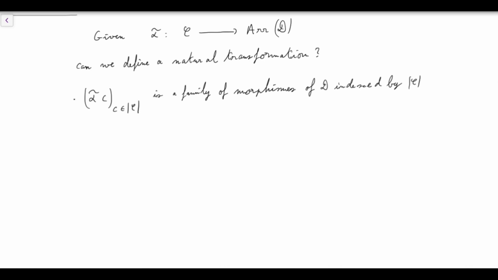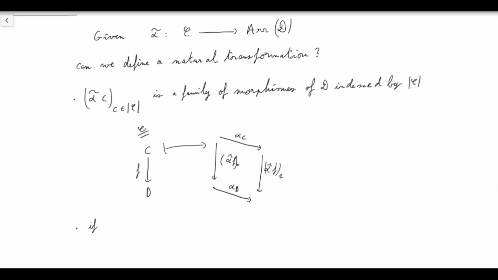And we have to verify now the naturality condition, which says for any morphism F in C, the corresponding square has to be commutative.